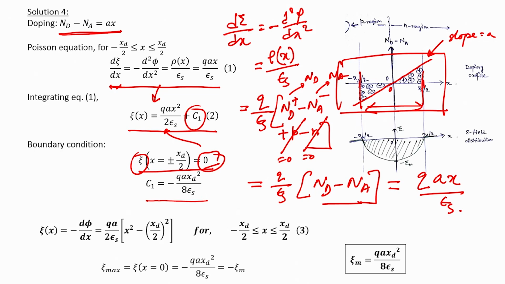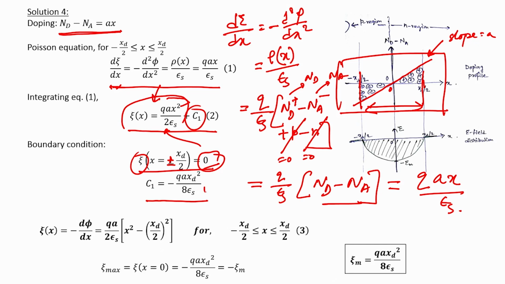Just observe that you get basically two boundary conditions, one at plus and another at minus. Both will give you the same result because of the symmetry, because this is an even function, so you will get the same value of C1.